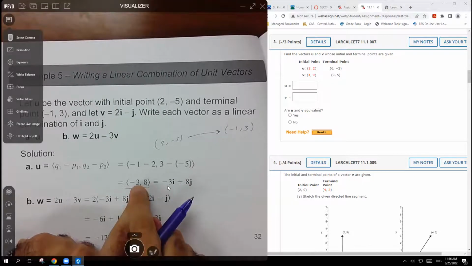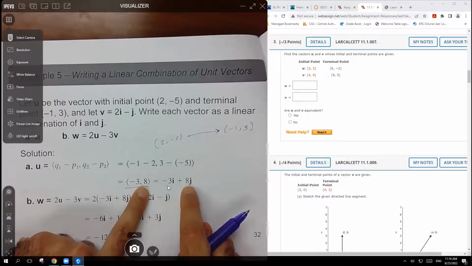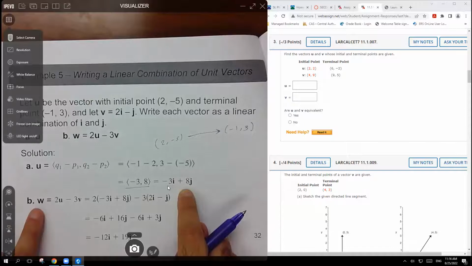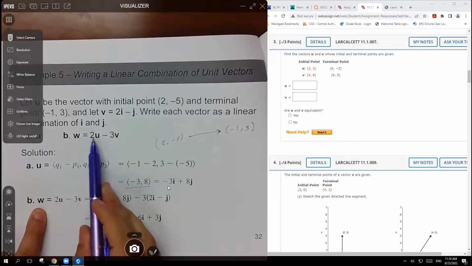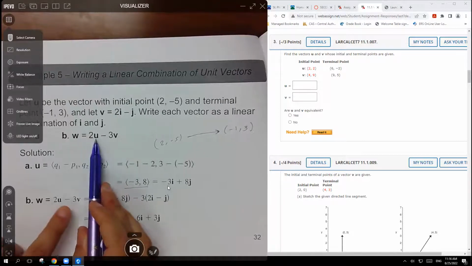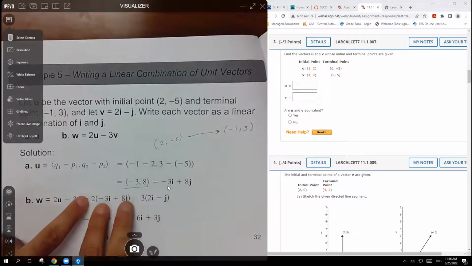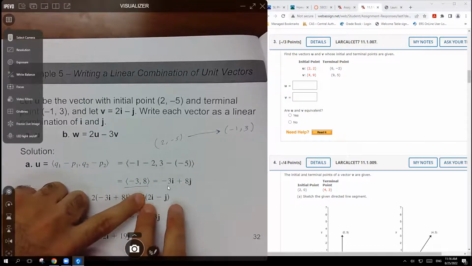We wrote this vector as a linear combination of the standard unit vectors. Okay? Same thing with W. It's telling you W is 2u minus 3v: 2 times the vector u, minus 3 times v.